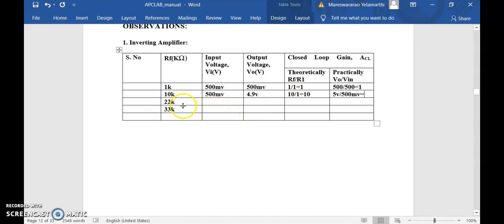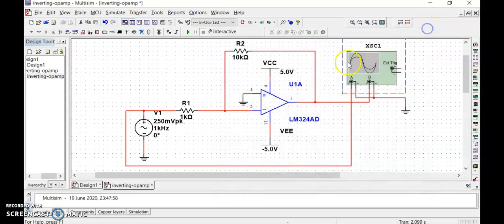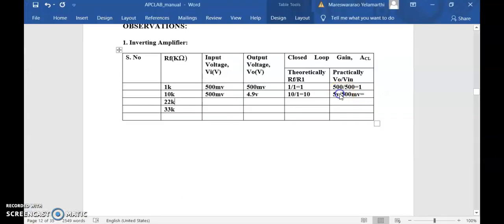Based on that you need to change the RF value every time, to 22 kilo ohm, 33 kilo ohm, and tabulate the output readings. From the output voltage we need to calculate the closed loop gain of an op amp. For the 10 kilo ohm resistor our output voltage value is 5 volts, which is 5000 millivolts. So now the gain value is 10.